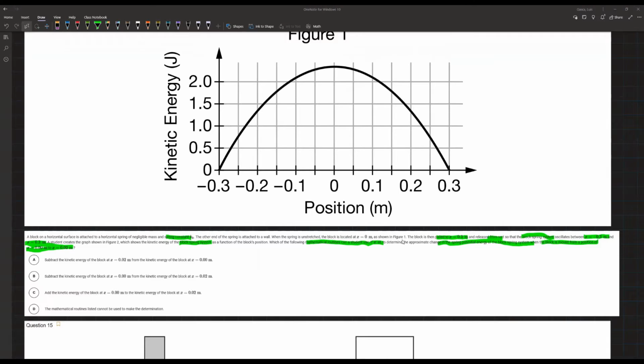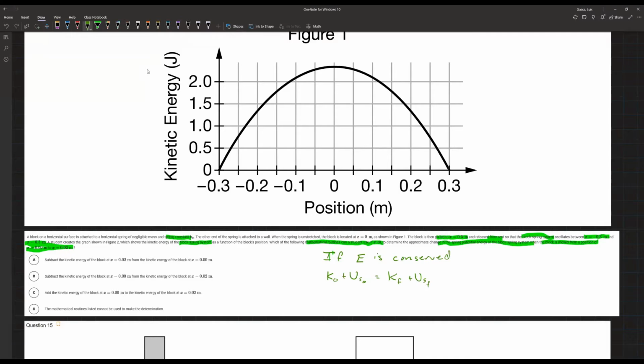So they want us to find the change in spring potential energy for when the block goes from a position of 0 to 0.2. Now, if energy is conserved, we can take the original kinetic energy plus the original spring potential energy and set it equal to the final kinetic energy and the final spring potential energy.